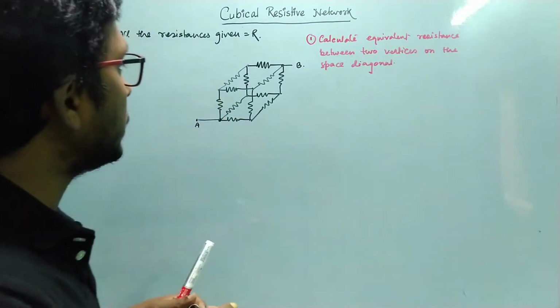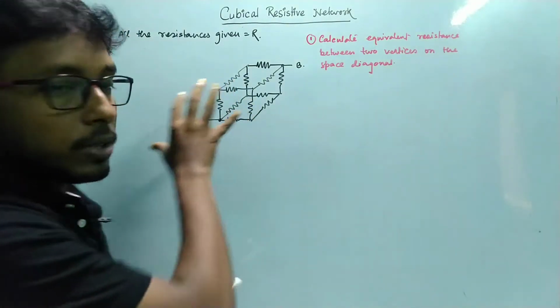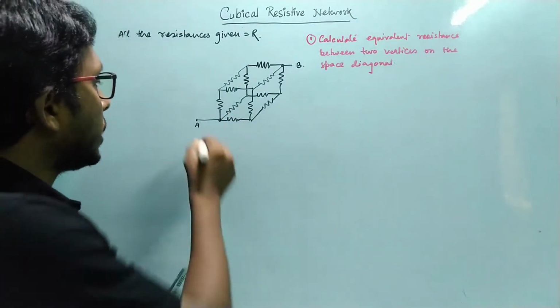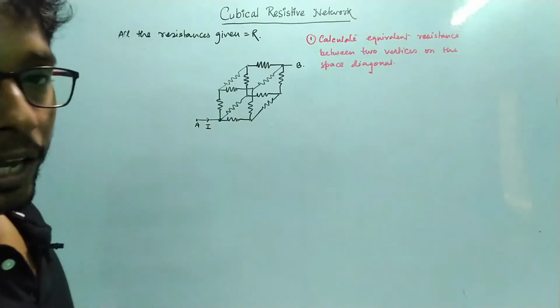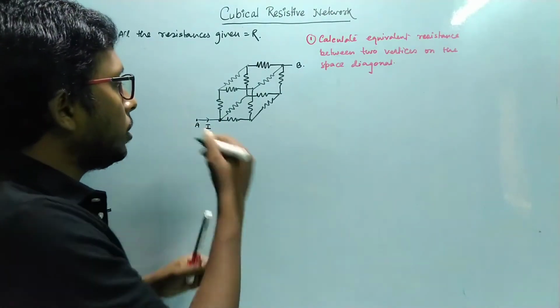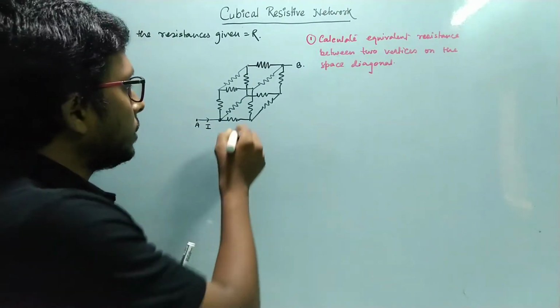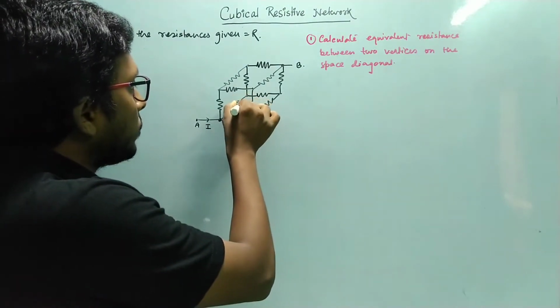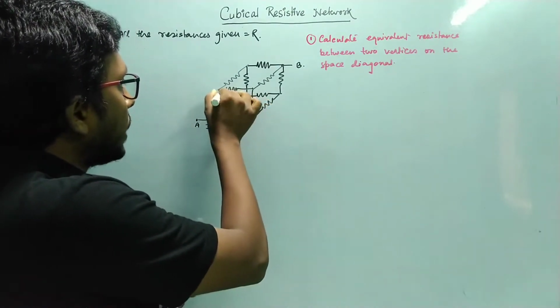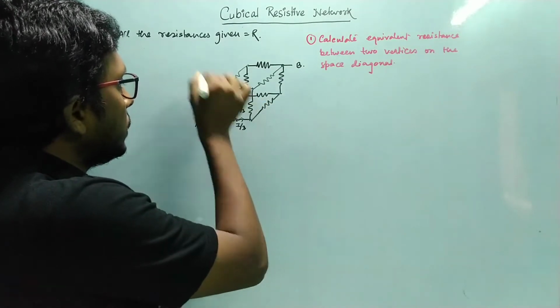So you can see that it's a symmetric circuit. So if you send an amount of current I through A, then it will get divided in 3 equal parts, I by 3, I by 3 and I by 3 in each line.